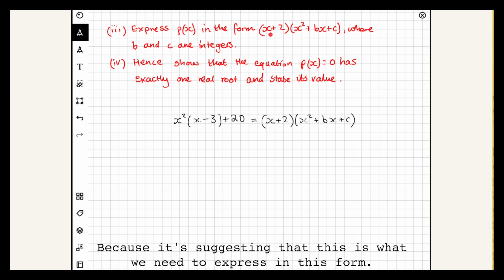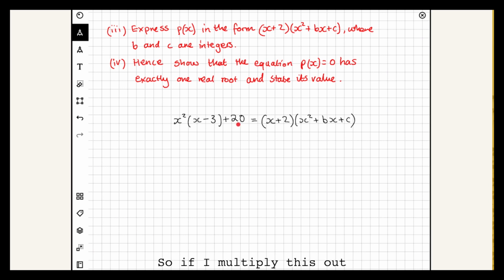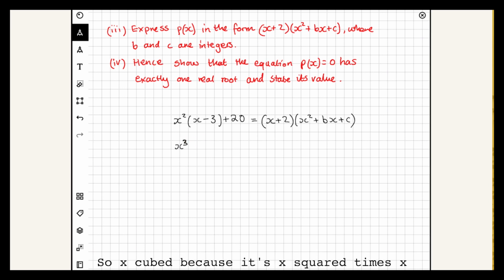We need to express p(x) in this form, and we're given p(x) originally in the question. So if I multiply this out, first of all, this side here, I get x squared times x, so x cubed, minus 3x squared plus 20 equals this.